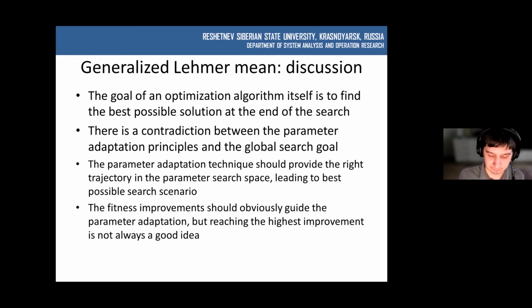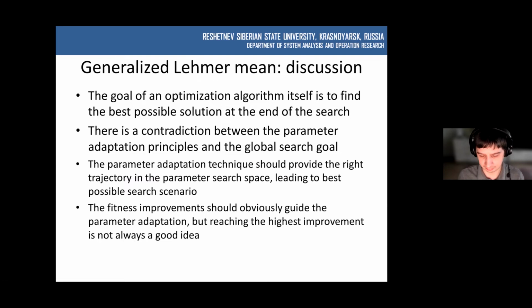So what can we say about this? From this story, we can understand one important thing. The goal of every optimization method is to find the best possible solution at the end. But when we do parameter adaptation, we're actually distracted by the improvements.